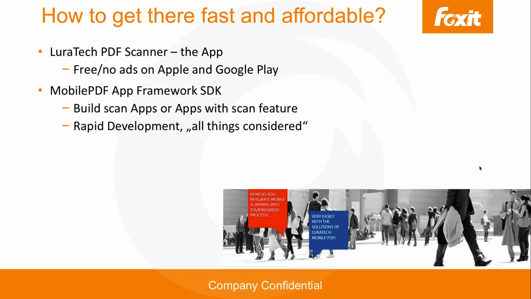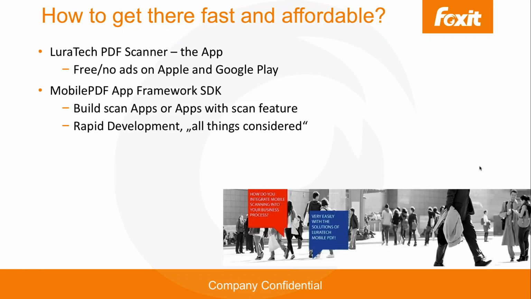The other solution we have out there to help you if you want to move into smart business process, mobile business process with smart scanning apps, is we have an app framework SDK. It is an SDK product, very high level, that allows you to add to your marketing app that you might have on the App Store already a functionality that actually really helps your end users: deliver your documents electronically to my health insurance, mortgage, bank, whatever kind of company.